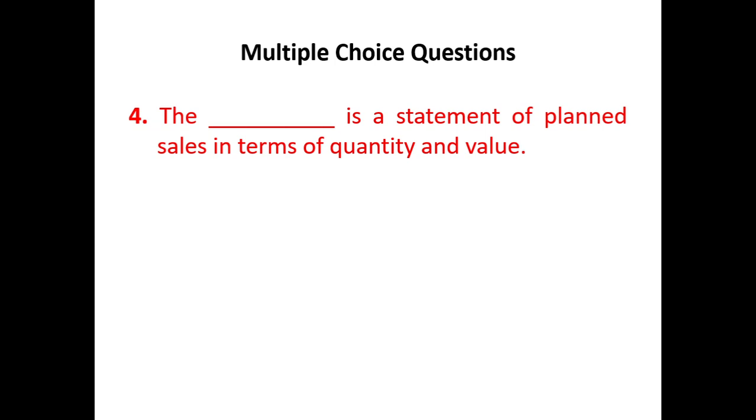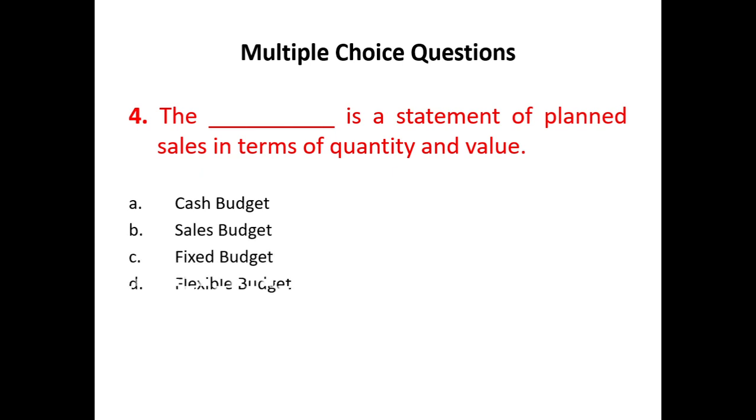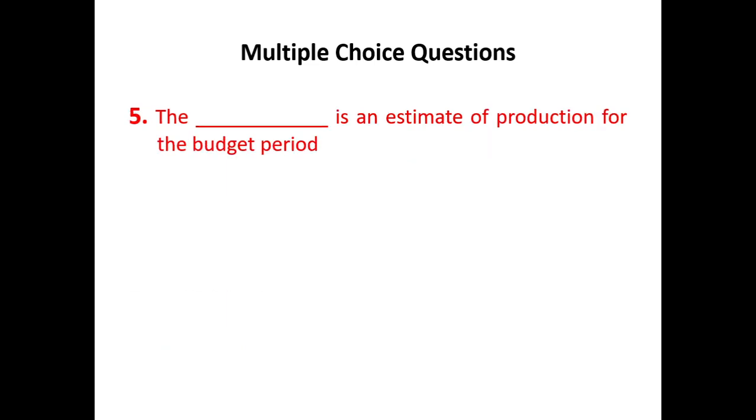Next, fourth question. The dash is a statement of planned sales in terms of quantity and value. Options are cash budget, sales budget, fixed budget, flexible budget. The right answer is sales budget. The sales budget is a statement of planned sales in terms of quantity and also value.